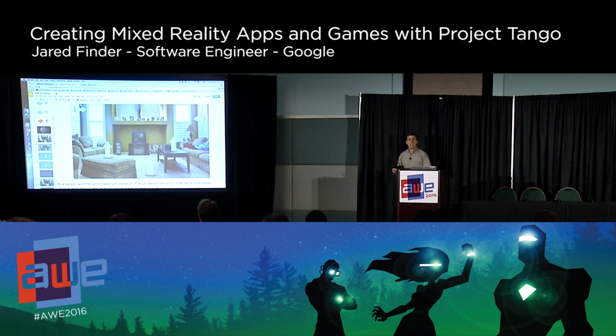We want this cat to actually feel like it has a presence in the world. And so to do that, there are all these different places that it could be. It could be on top of the table. It could be on top of cushions. And here, Tango's depth sensing API comes in handy. Now, depth sensing provides the app just point cloud points.